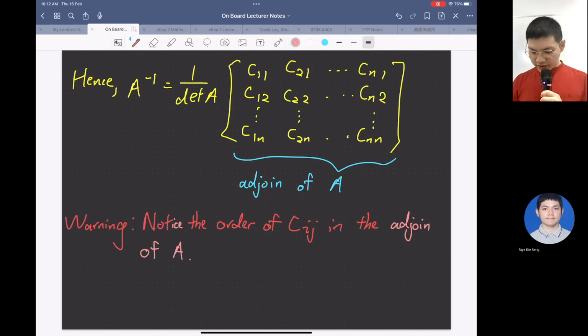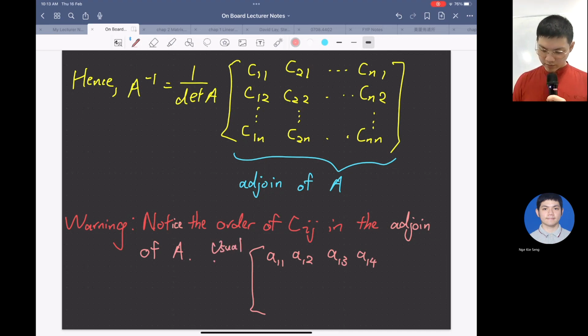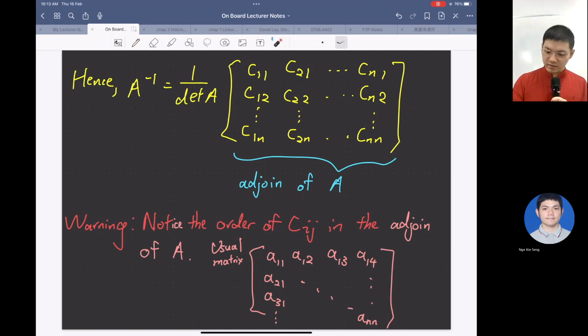Because usually when we write a matrix, we will write A11, A12, A13, A14, usual matrix notation, and then A21, A31, and so on, maybe ANN here. So you can see that these numbers here swap.